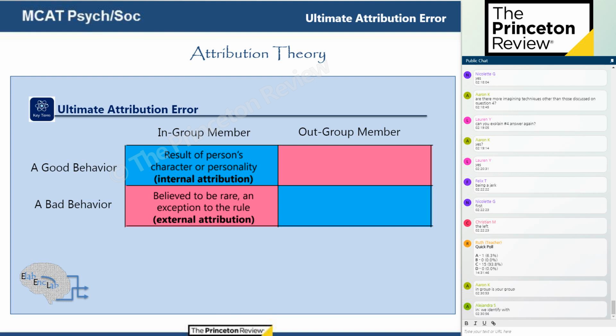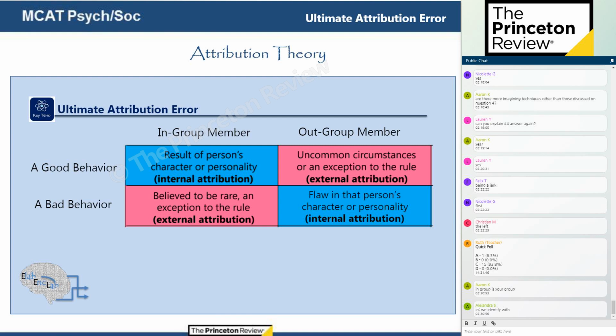All right. This gets flipped with out-group members. Right? So if an out-group member does a good thing, well, that's a fluke. There's something about the environment, something about the situation. They just happen to do a good thing because goodness knows they are not good people. And then, of course, if they do a bad thing, well, of course they did.